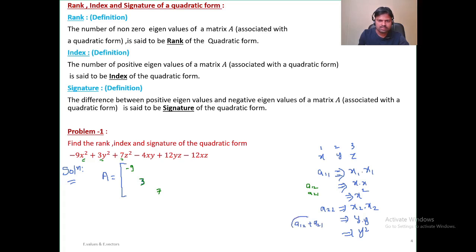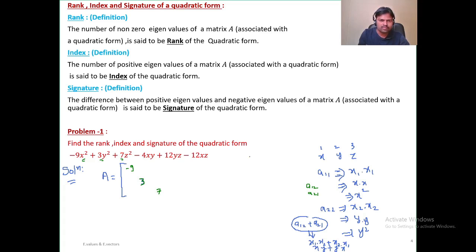This is nothing but the coefficient of x1 into x2 plus A21, x2 into x1. But x1 is the first variable x, the second variable is y, x into y or y into x. Y into x is not different from x into y. Understand? So the x into y coefficient will be A12 plus A21.